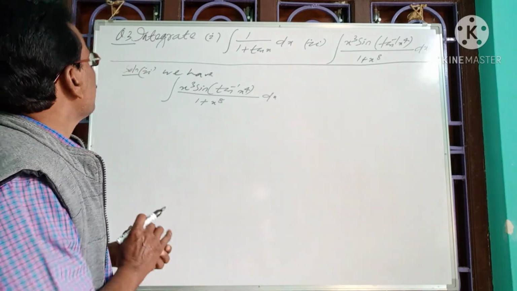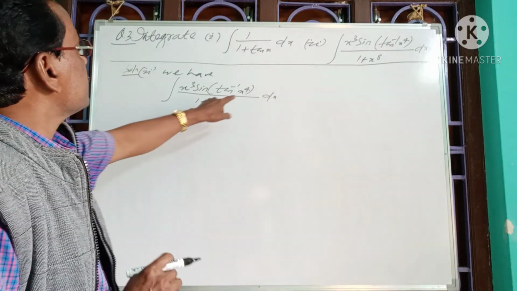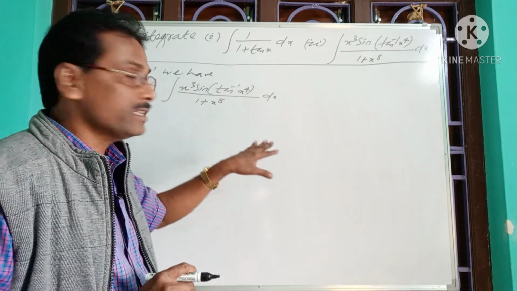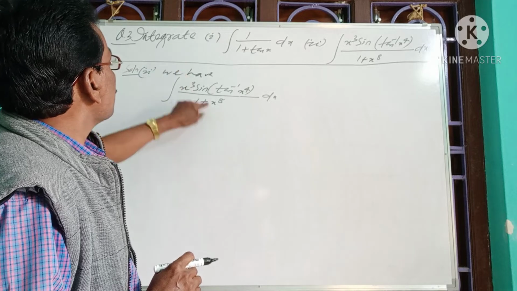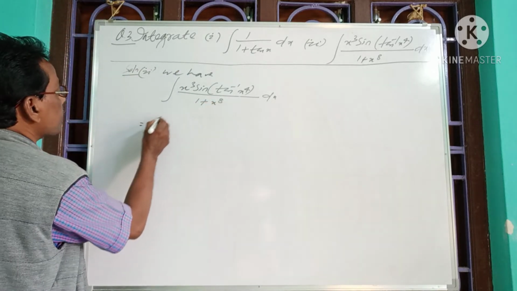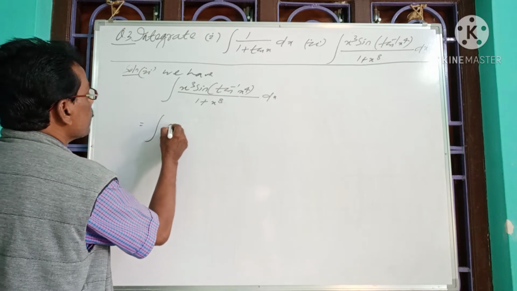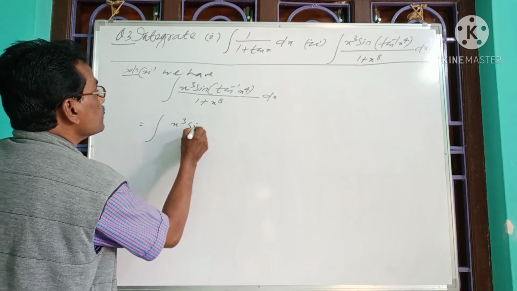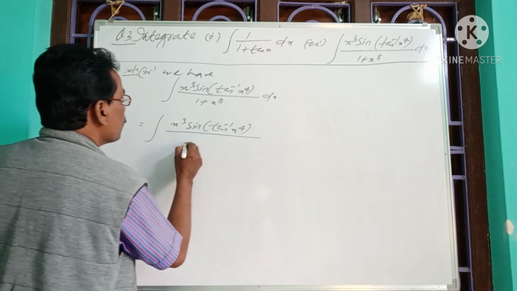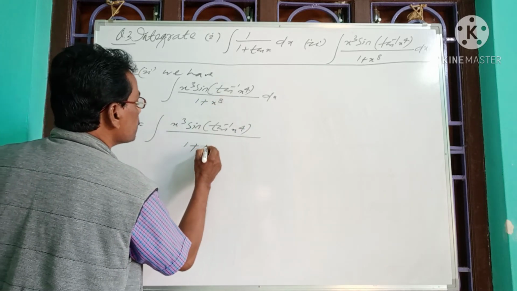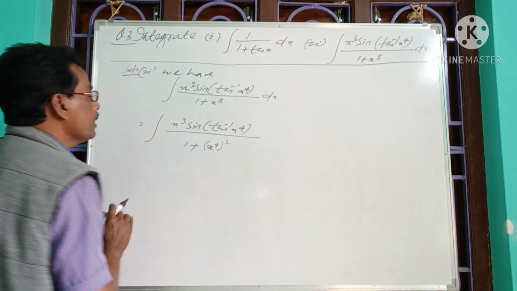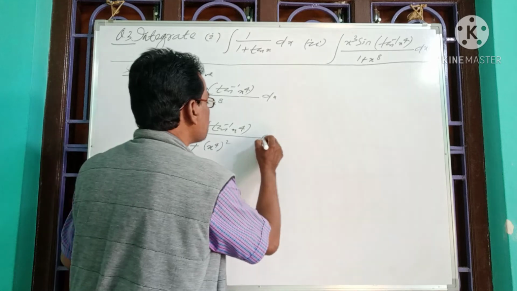So let us carefully observe that the derivative of x to the power 4 is 4 x cube, where the integrand contains the function x cube, also it contains x to the power 8. So now let us transform the function like this, that is x cube into sine of tan inverse of x to the power 4 by 1 plus x to the power 8. So in place of x to the power 8 we can break it like this, that is x to the power 4 square, integration with respect to x.